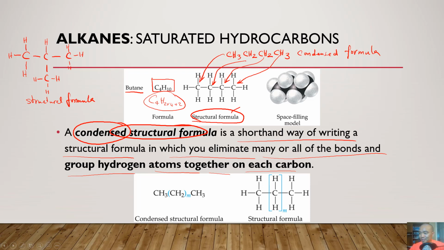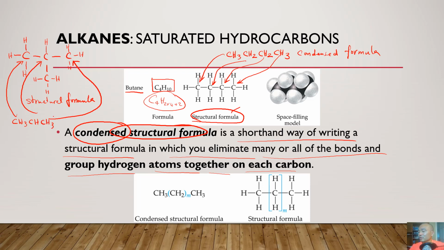If you condense the hydrogens on each individual carbon, for example, on this carbon you have 3 hydrogens, so we put it down as CH3. The next carbon has 1 hydrogen on it, so you write it that way. Then the other carbon over here has CH3 as well.